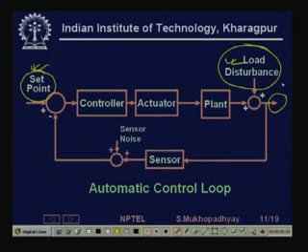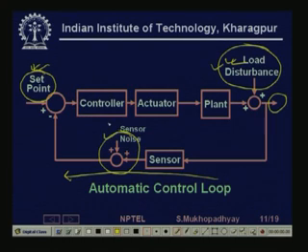So to ensure that, you have feedback control, right? Plus there may be sensor noise also. The feedback may be erroneous. It is basically because of these two that the control problem becomes non-trivial. Plus many other things may happen.